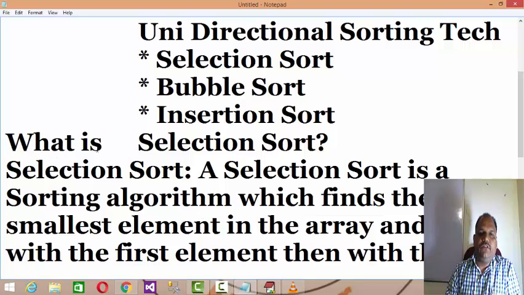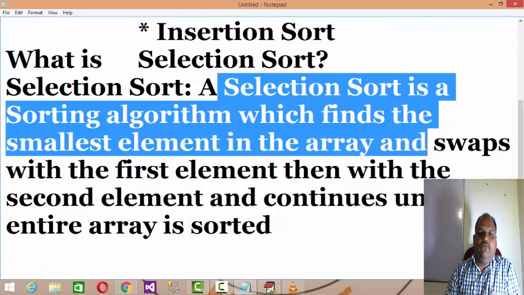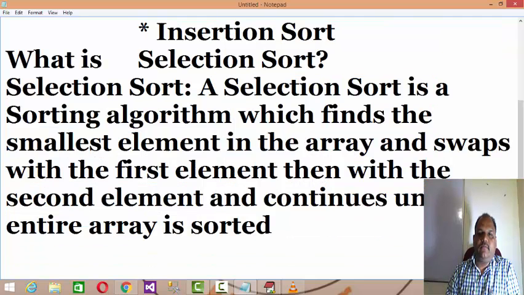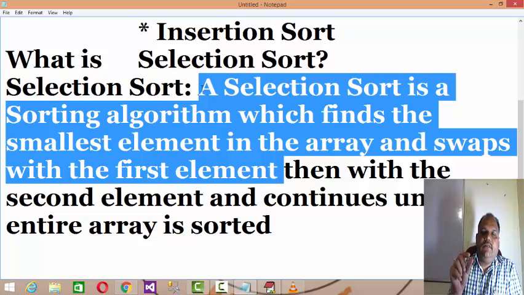What is selection sort? The first thing we are going to discuss is selection sort. Selection sort is a sorting algorithm which finds the smallest element in the array and swaps it with the first element. Selection sort means you pick a position first.